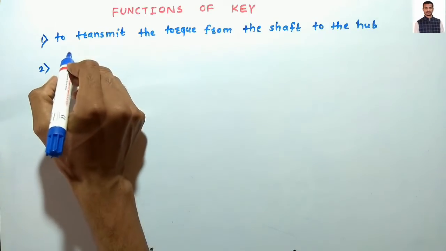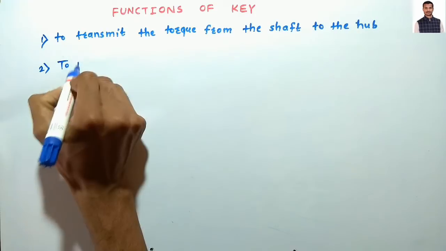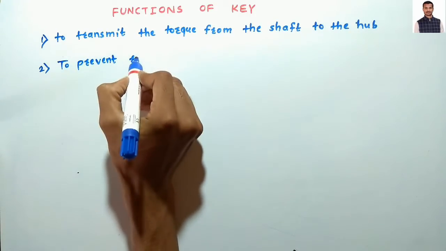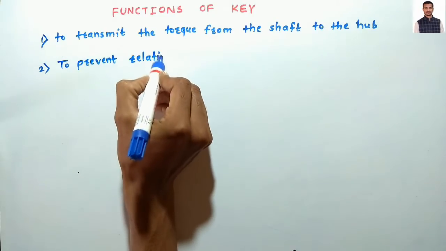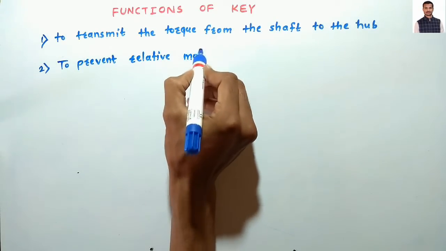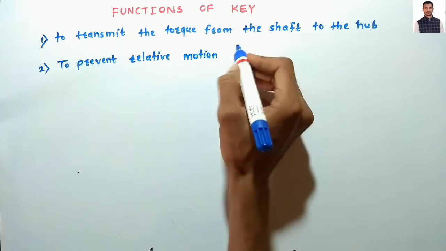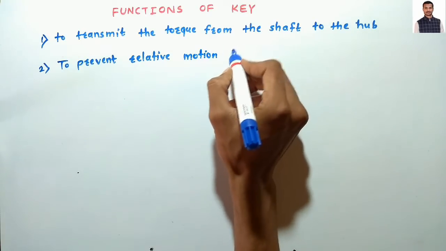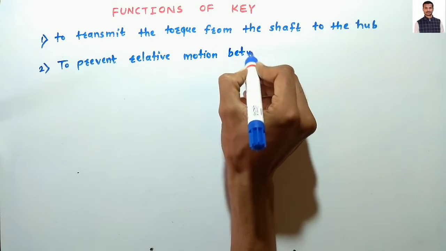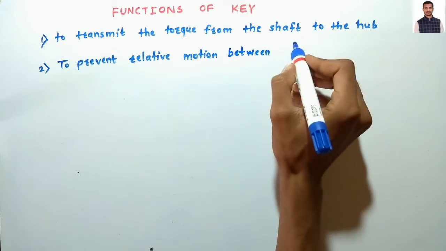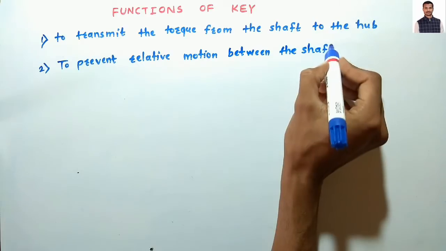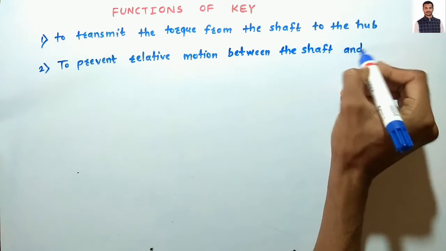Now the second function is to prevent relative rotational motion between the shaft and the hub.